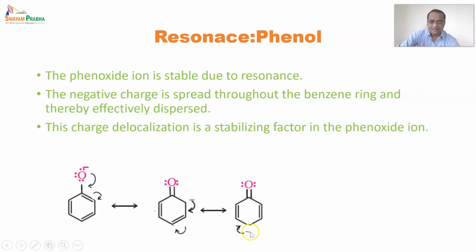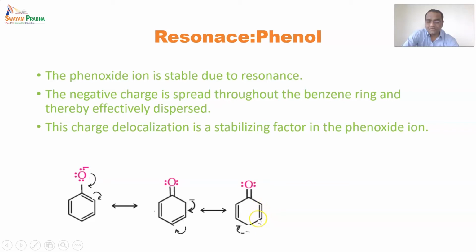Here you can see that it was an ortho carbon, and now it has become a para carbon carrying a negative charge, and due to the transfer of electrons from the ortho carbon, a new bond has formed and the location of the bond has changed now.